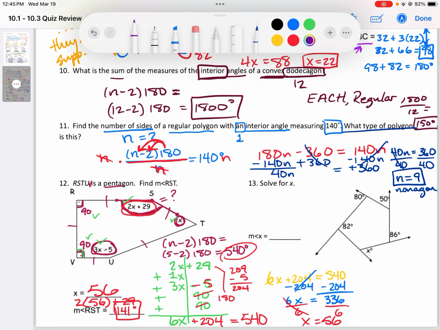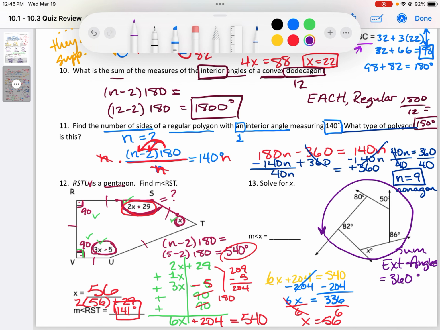All right, now we've got one last problem, and it's actually going to be much faster. It is dealing with exterior angles. Exterior angles always have a sum of 360 degrees.